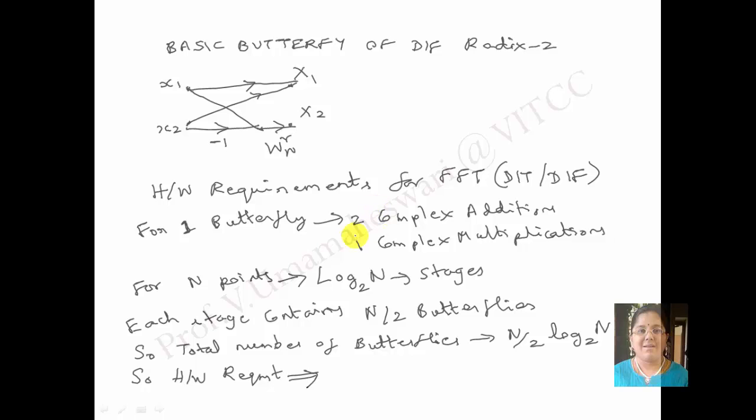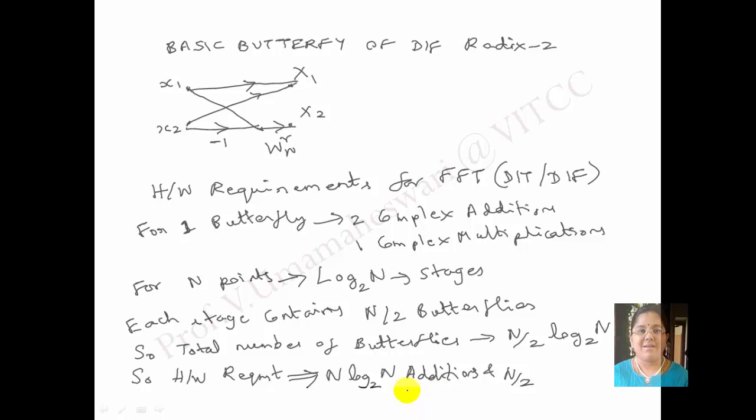See, for one butterfly, we need two complex additions. Okay, so how many butterflies are there? N by 2 log N to the base 2 butterflies are there. So that into 2 will be the number of complex additions. So that will be N log N to the base 2.